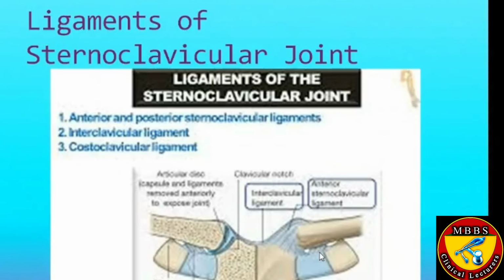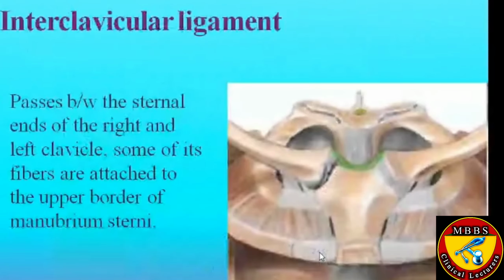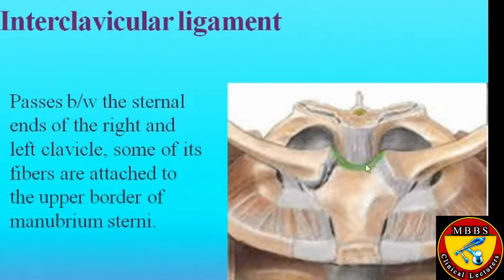So these are the main ligaments of the sternoclavicular joint. Coming to the interclavicular ligament, the name indicates that it lies between the two clavicles, and it passes between the sternal end of the right and the left clavicle.